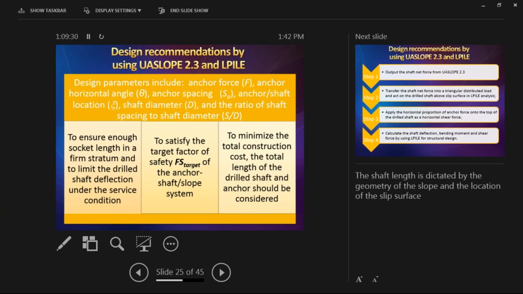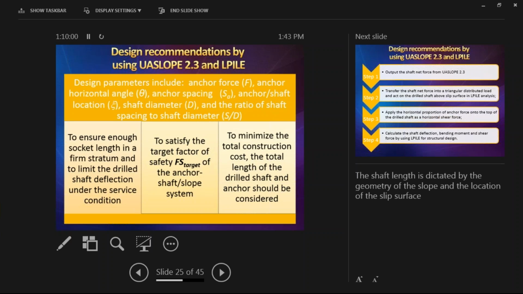Okay, so as far as the design recommendation for the drill shaft, it's convenient to use LPILE to do the structural analysis of the drill shaft subjected to the horizontal load. The length of the drill shaft is typically designed to make sure it has sufficient socket into firm soil, whether it's rock or very firm soil below the slip surface.